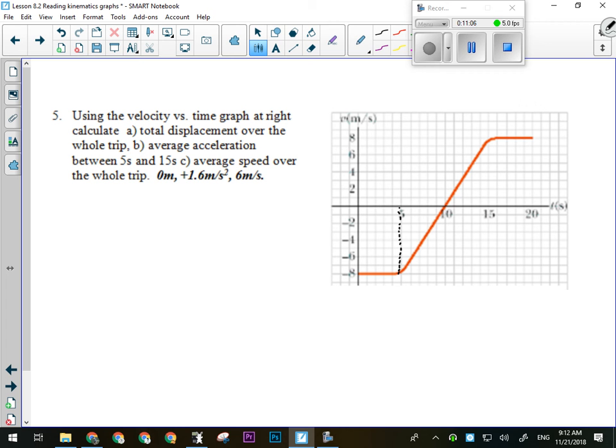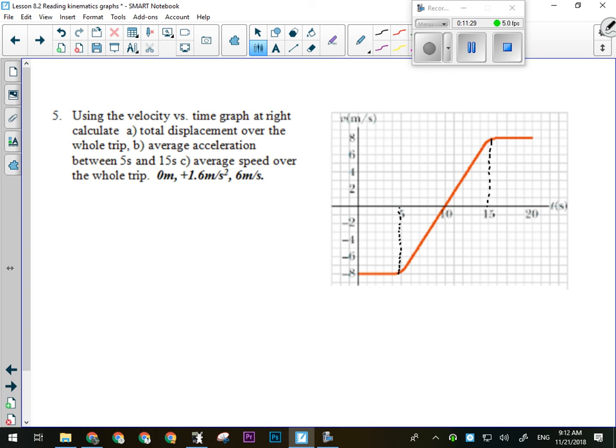So we're going to have essentially this rectangle here where the object is traveling at a constant velocity of -8 meters per second for 5 seconds. And then we're going to have this part where it's accelerating for 5 seconds, and it continues to accelerate for 5 more seconds on the positive end of this. Okay, like so, and then travels at a constant velocity of +8 meters per second.